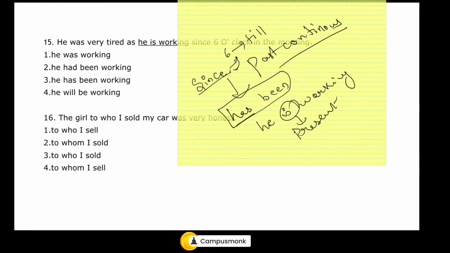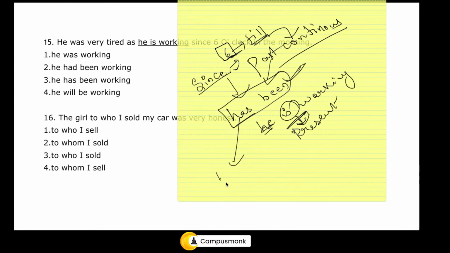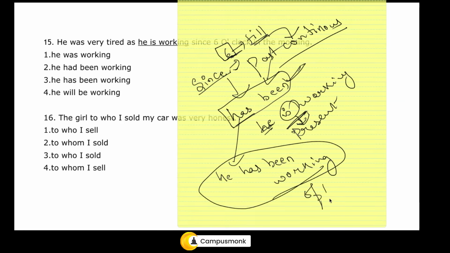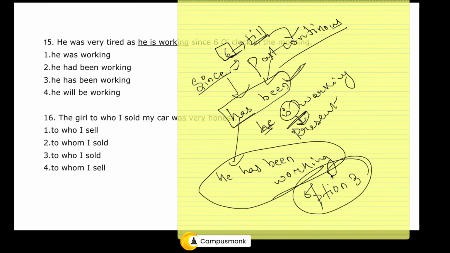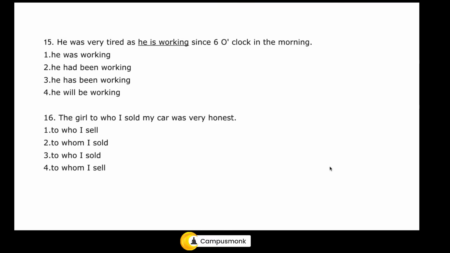But it is saying since 6 o'clock. That means from the morning 6 till now he is working. That is past continuous. So it can't have a phrase that is present. It has to be in past continuous, and that is has been. So he is working will be replaced by he has been working since 6 o'clock in the morning. Clear? This is the correct phrase. So where is the answer? The answer is in option number 3. Okay, so he was very tired as he has been working since 6 o'clock in the morning. Alright.